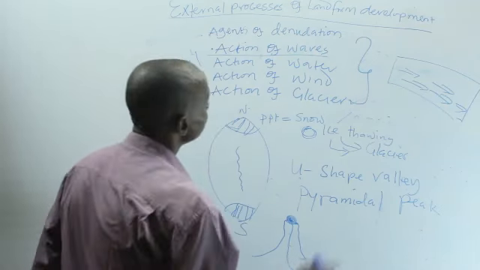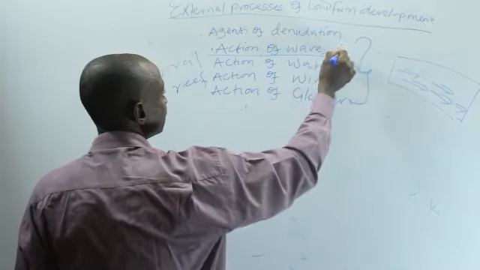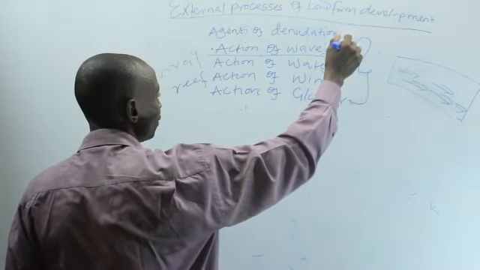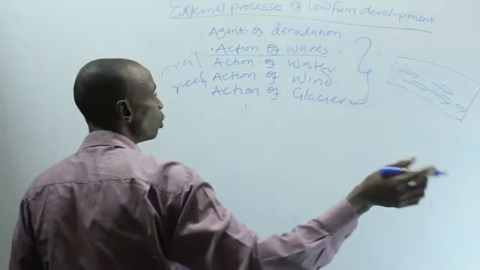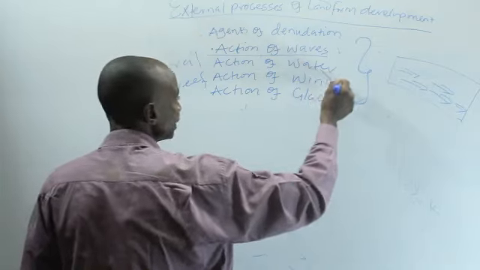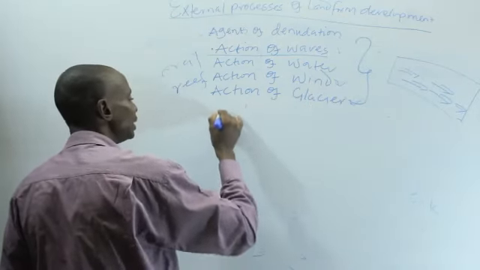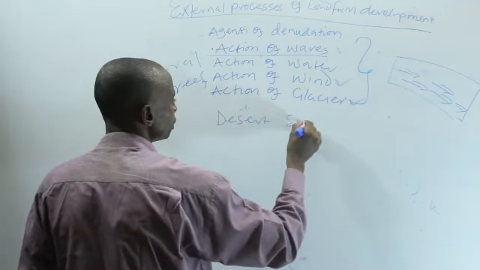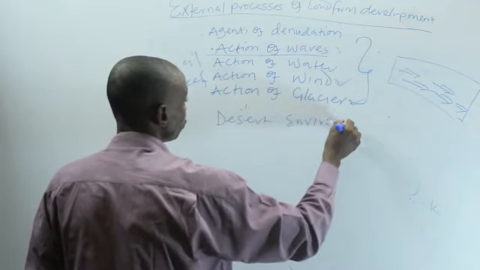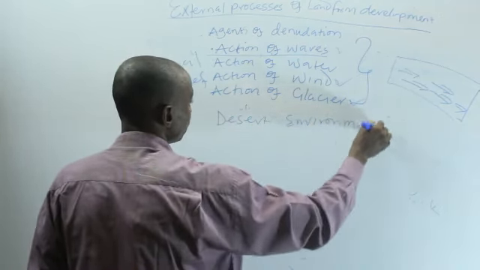The action of wind, remember, wave is associated with coastal environment. Glacier is associated with polar environment. Wind is associated with desert environment. That is where the action of wind is very prevalent.